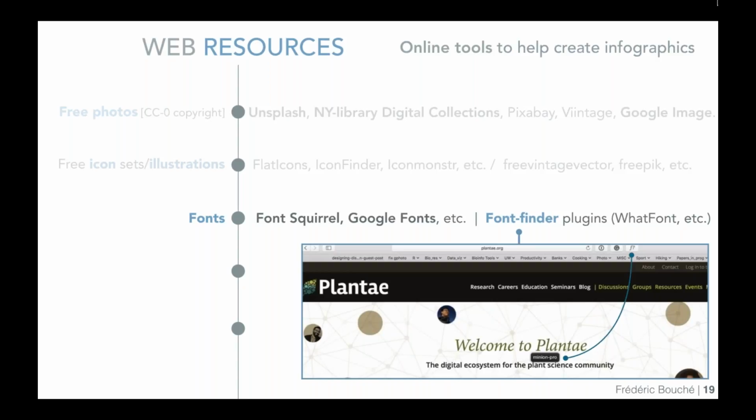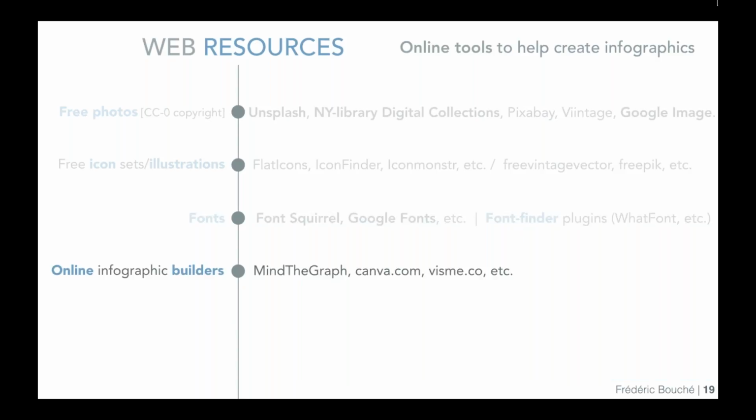So, for example, I went on the web page of Plante and I just put my mouse on the subtitle here, and I saw that it was Minion Pro. And if I like Minion Pro, then I can try to use this font for my own infographics, if it's free. I don't know if this particular one is free or not.